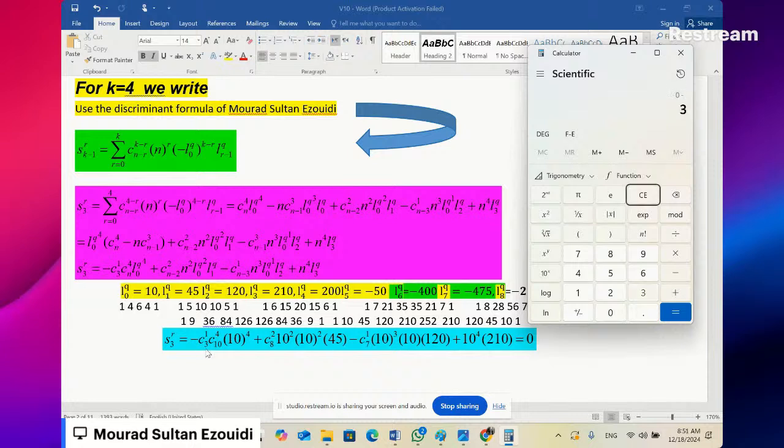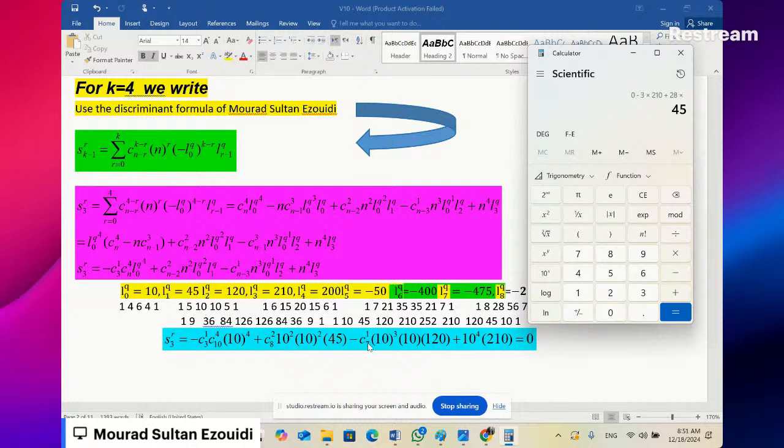Okay, now my kids, we said that I will calculate this. First negative 3 multiplied by 10 choose 4. This is 10 choose 1, 10 choose 2, 10 choose 3, 10 choose 4, which means multiply by 210. Plus 8 choose 2, which is 28, multiplied by 45 simply because L1 equals 45.